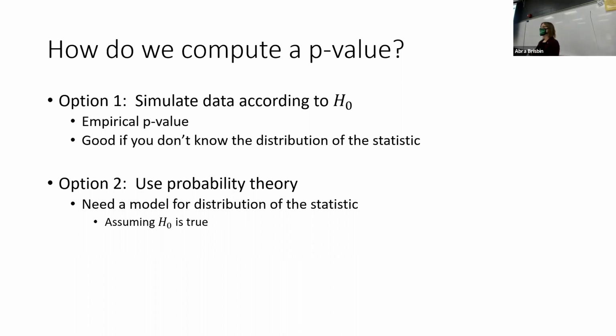And just like in option 1, we want that model to be based on assuming that the null hypothesis is true, because that's what we're always assuming or conditioning on when we're computing a p-value.